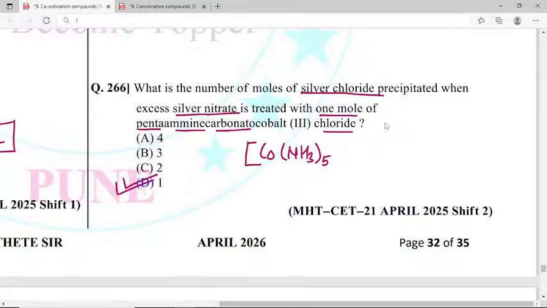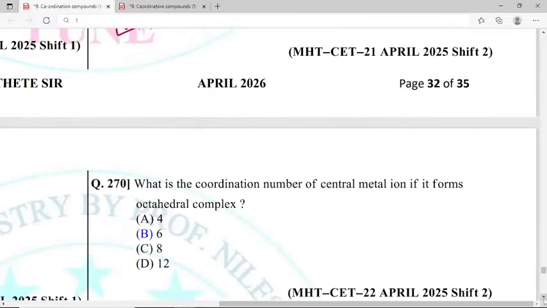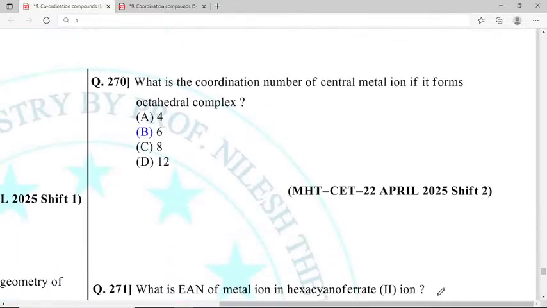Next carbonato, CO3, and then Cl. So there is only one chlorine in the ionization sphere. So the answer is 1 mole.